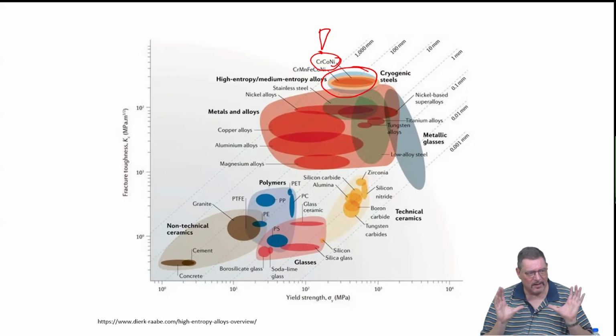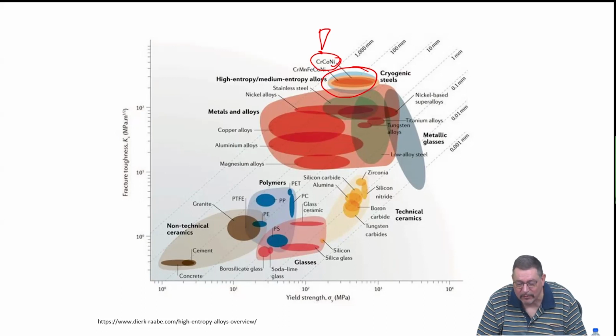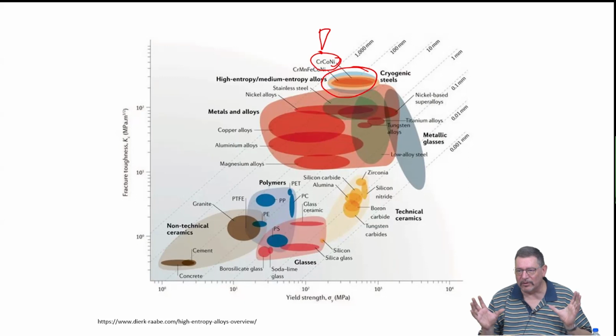I would say actually it still has probably better properties than many of the high entropy derivatives, adding more elements, because the iron, cobalt, chromium, nickel, the quaternary without the manganese, is a fantastic engineering alloy.